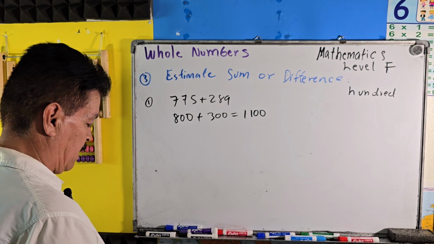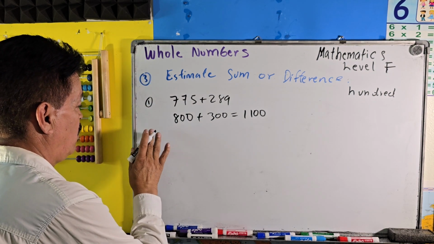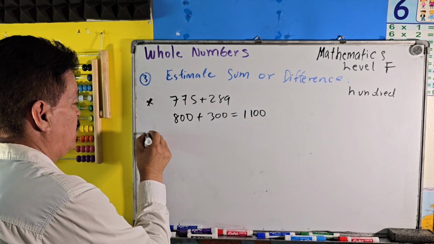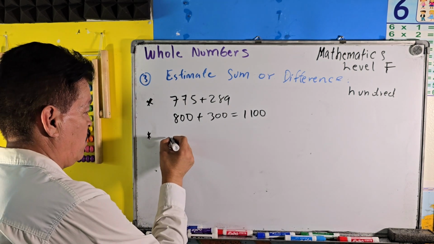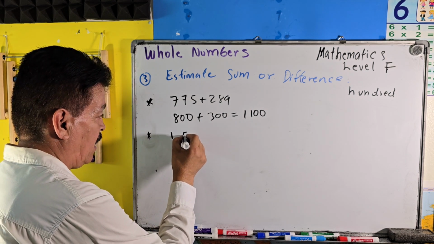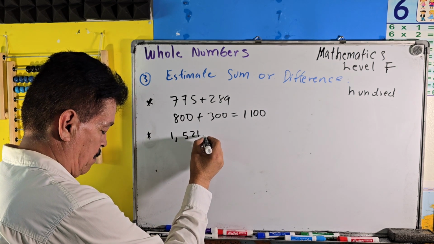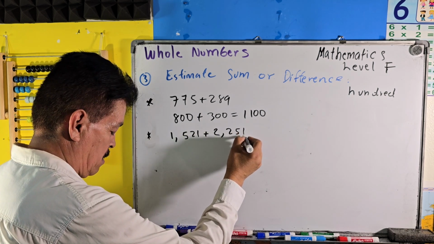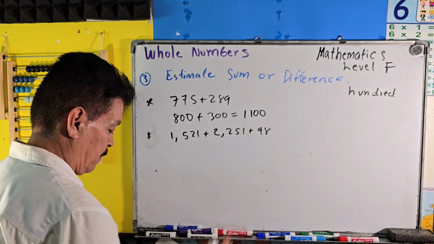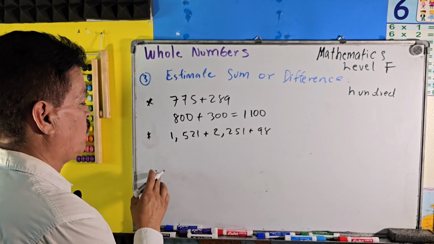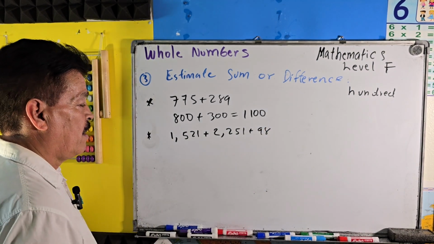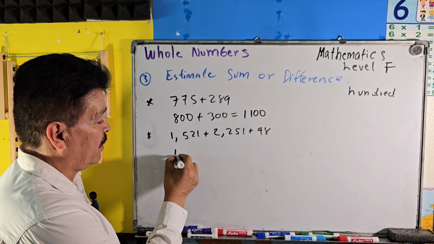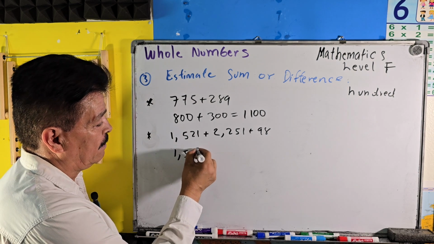Let's write one more. Just write this number. We have 1,521 plus 2,251 plus 98. So we have to estimate this addition. 1,521 is close to 1,500, right?